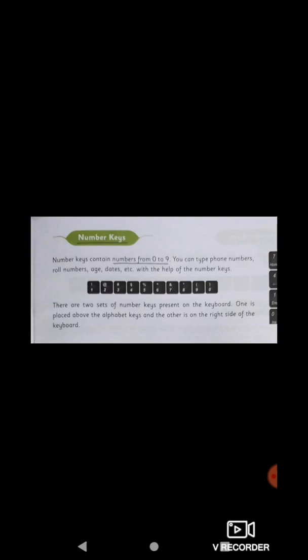Now when it comes to your roll numbers, I'm sure due to online education we have not assigned roll numbers. However, for your practice, you may try coloring the roll number of your senior KG. Right? So color your name in yellow and color your roll number in pink, the roll number of your senior KG.